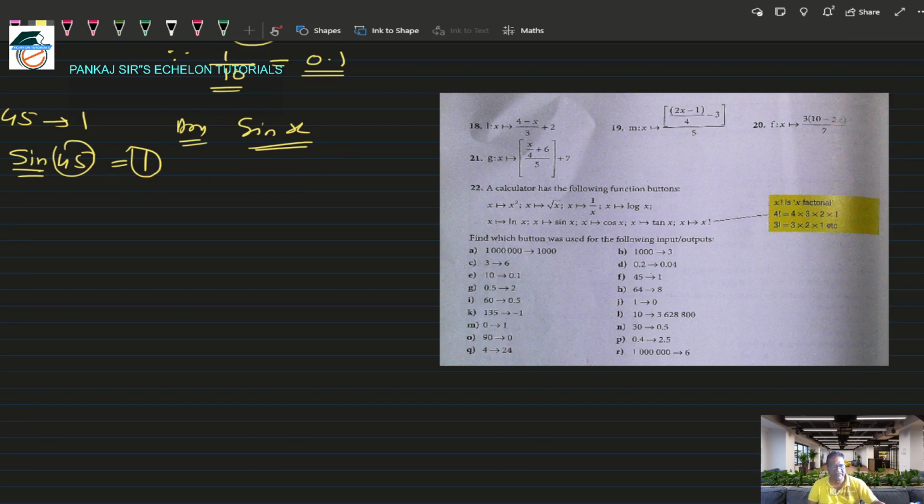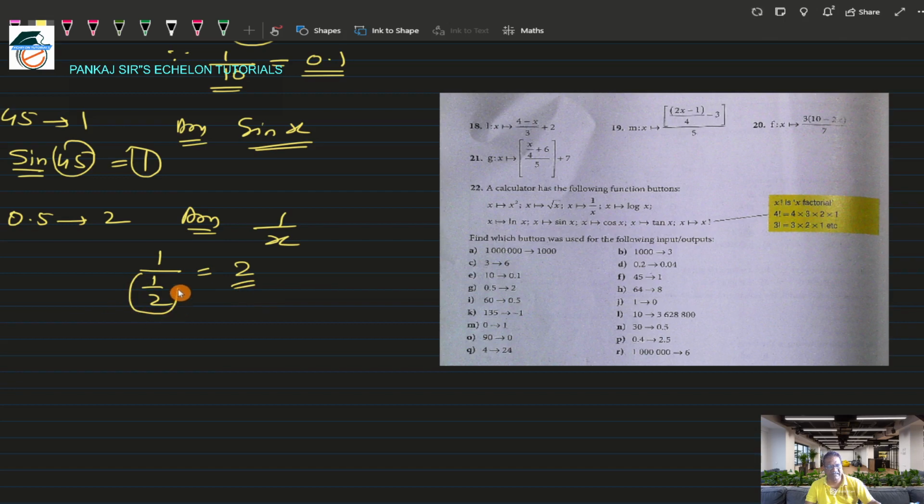That's the answer for F. Now G, 0.5 to 2. So input is 0.5 and the output is 2. Now the answer for this has to be again the reciprocal function, that is 1 by x. Why? Because if I take x as 0.5, which can be written as 1 by 2, when I work it out, this will be 2.